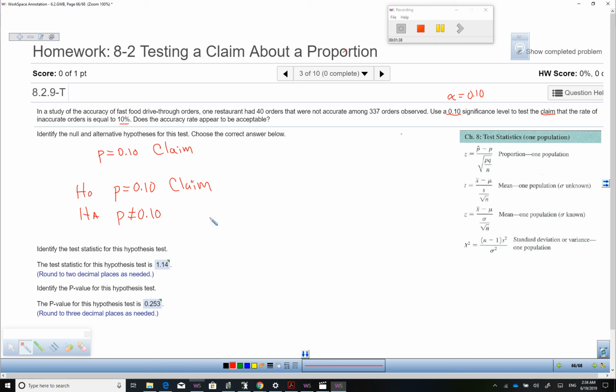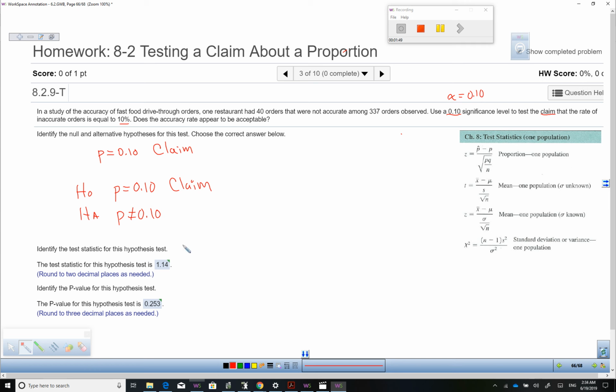Whenever the claim is on the null hypothesis, the alternative hypothesis will be different. Okay, it is the opposite of the null hypothesis. So whenever the claim is on the null, the alternative takes the symbol of different.